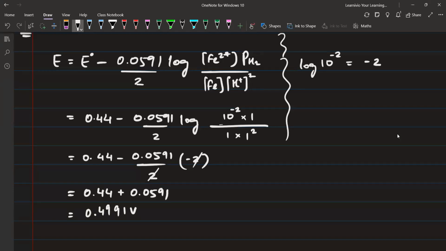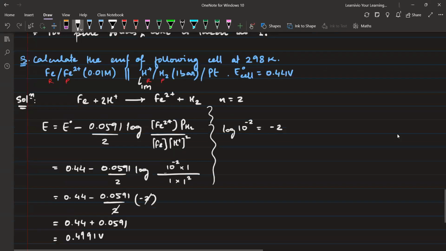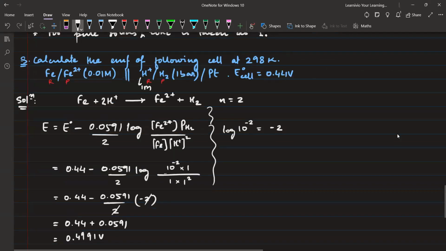This many volts. So this is how you have to do. हो जाएगा, बताइए. Yes, sir. Copy this down.